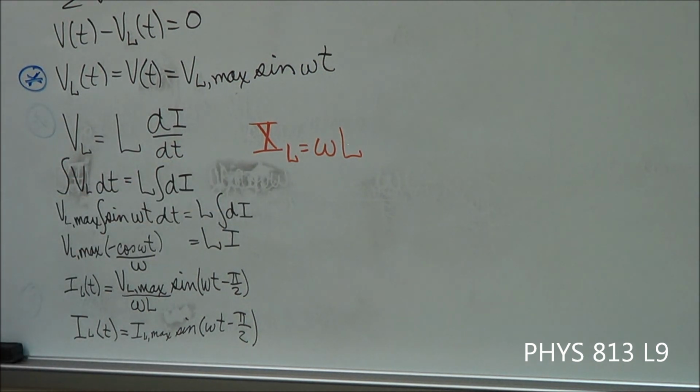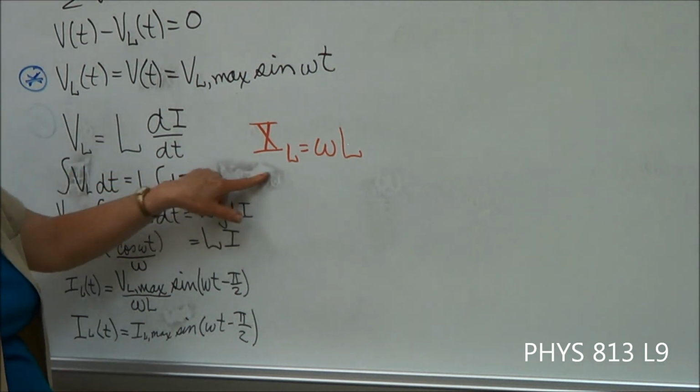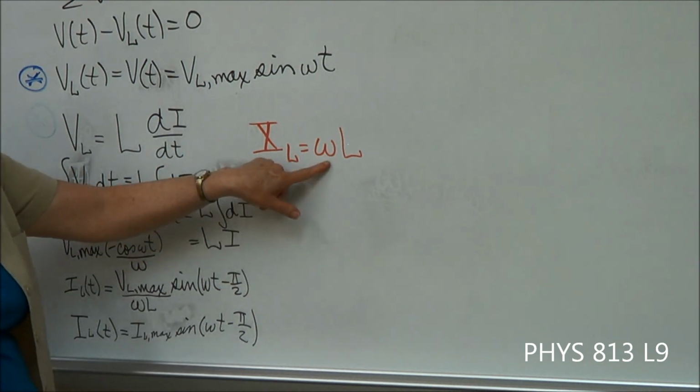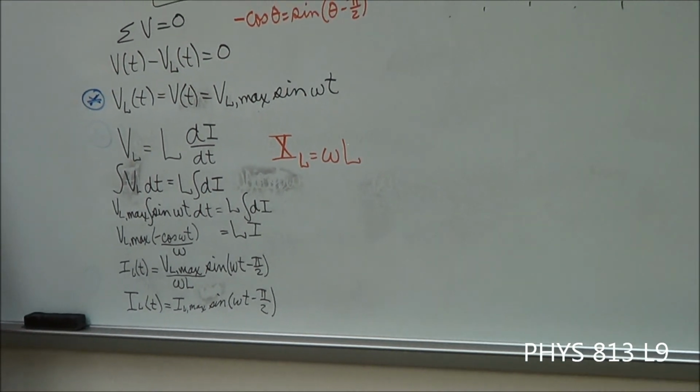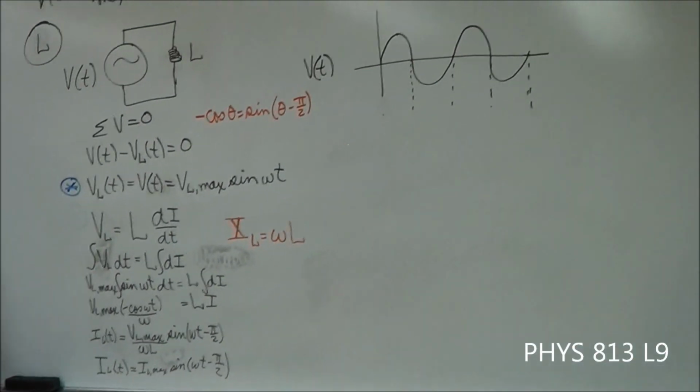Okay. Now, let's look at this in terms of high frequency and low frequency. So the idea here was that the inductor behaves or has an effect when the current is changing.